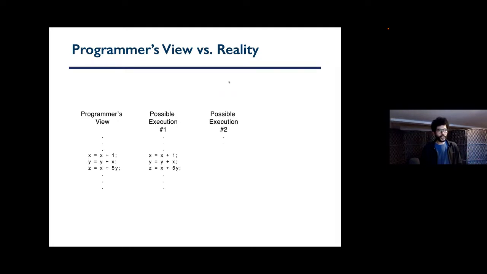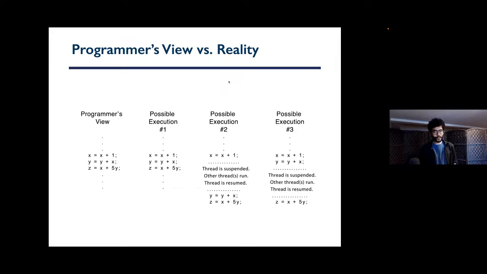But it could also be that you execute your first line, and then you get suspended for some reason. Maybe an interrupt happens, a timer goes off, or a packet is delivered, and then you context switch to some other thread, and eventually you come back. And that could actually happen after your second line, or after the third line.